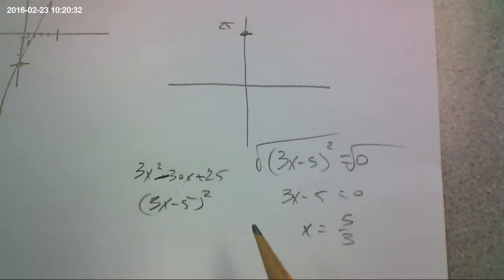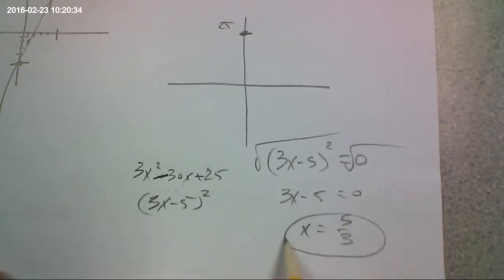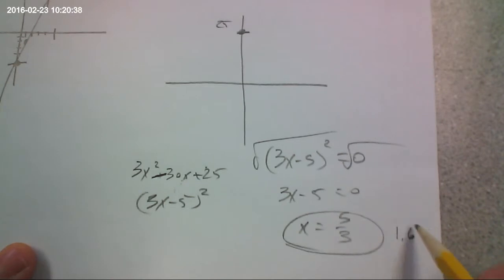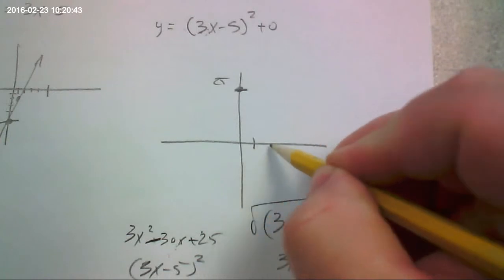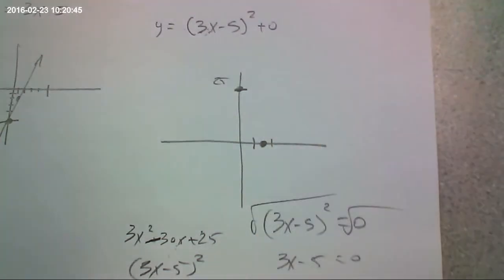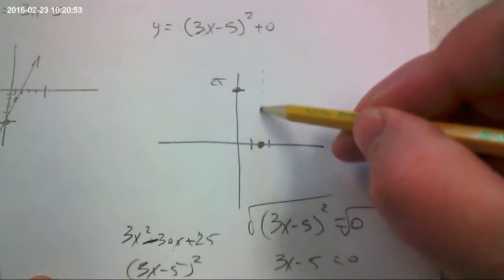Oh boy. Okay, so I would do this. If you did the quadratic formula correctly, you get 1.6 repeating, which is the same thing. So the x-intercept, if that's 1 and that's 2, it's somewhere in there, correct? Turns out that's also the vertex. So do the line of symmetry.